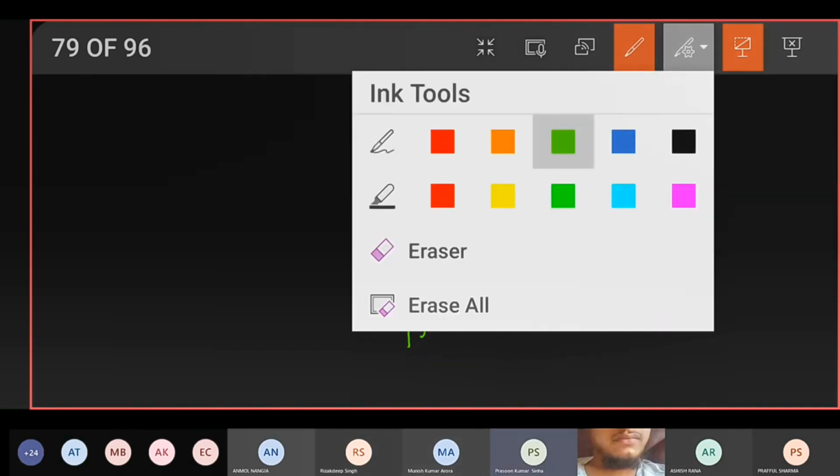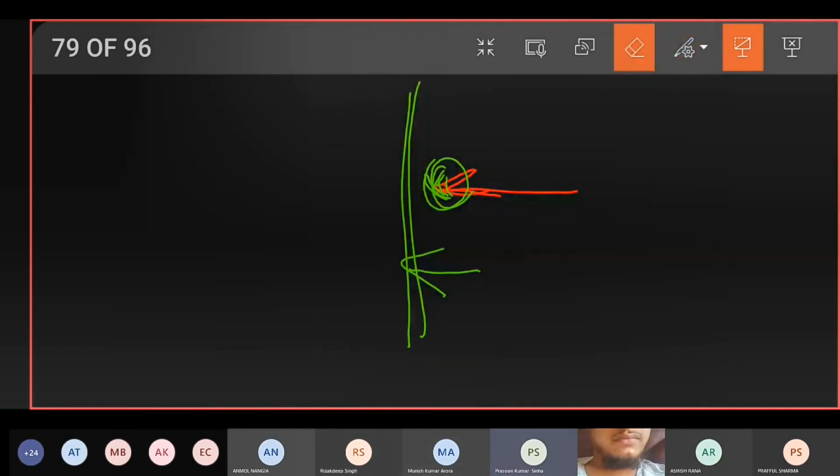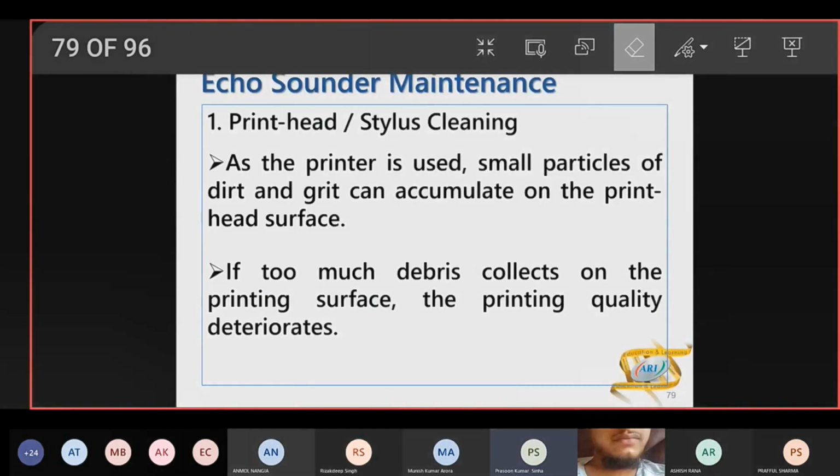So what we should do, periodically we should clean this. Clean this print head with the help of either solution provided, or if nothing, simply isopropyl alcohol कॉटन में डिप करके टिप को साफ कर देते हैं. So first one is print head cleaning.